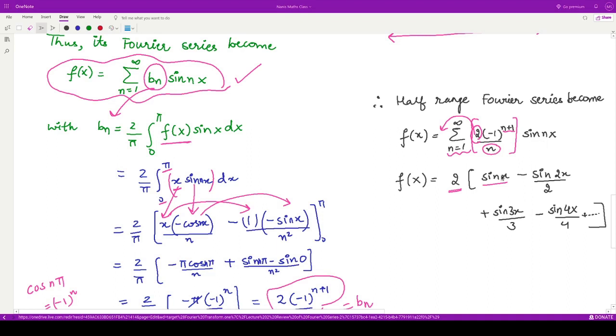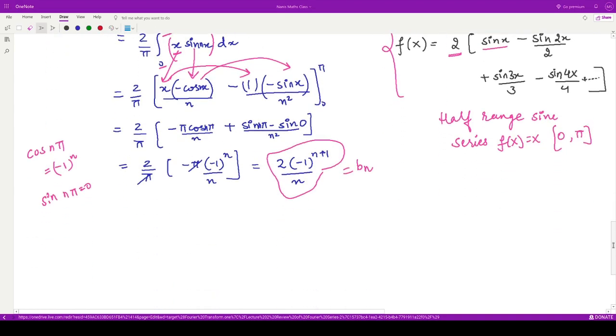Again for n equal to 3, the power would be 4, which is even, so plus over here, and then we have sine 3x divided by 3 and so on. So this would be the half range sine series of the function f of x is equal to x defined on the interval 0 to pi.